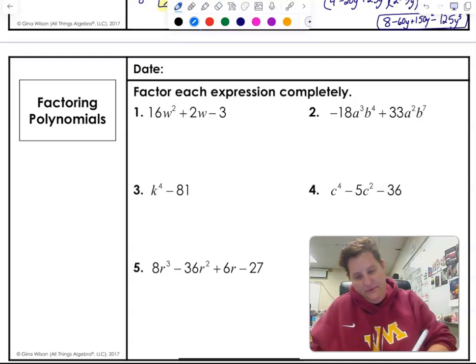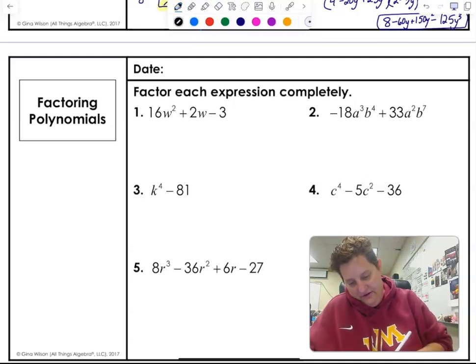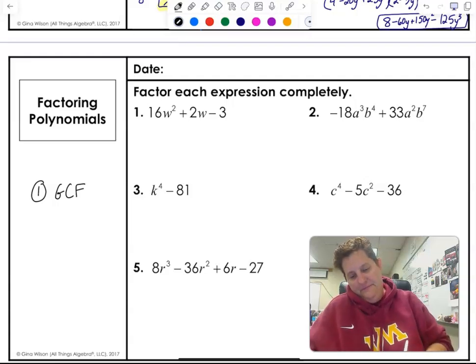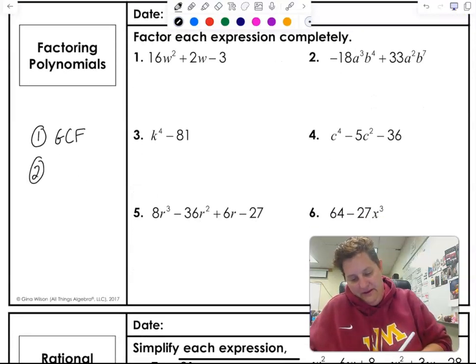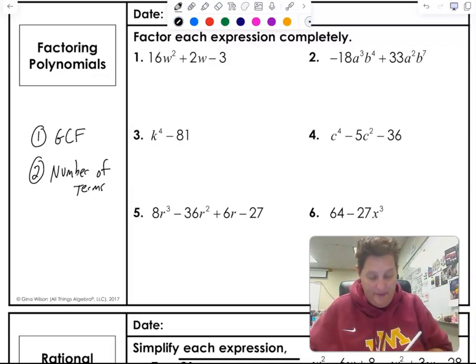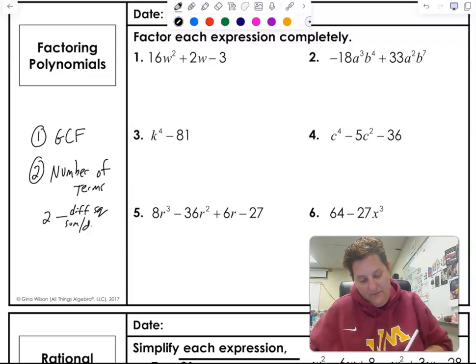Now what I want you guys to remember is that our steps for factoring is step 1, check for a GCF. Okay. Step 2, count the number of terms, because that kind of tells you what type of factoring it is. If it has 2 terms, it's usually either a difference of squares or a sum or difference of cubes.